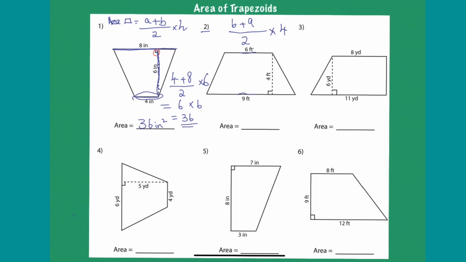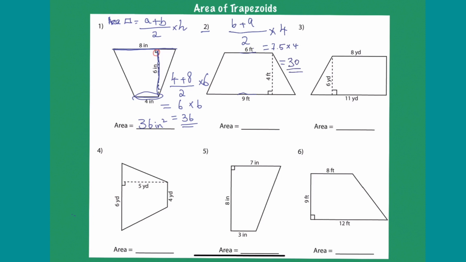So 6 plus 9 is 15. Okay? And 15 divided by 2 is 7.5. And you times that by 4. And then 7.5 times 4 is 30.